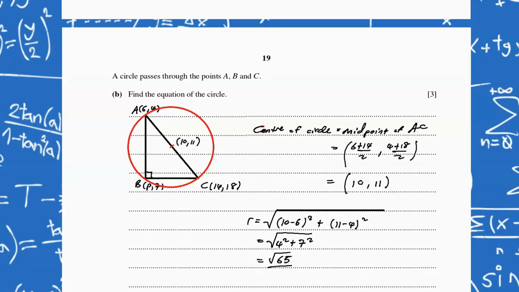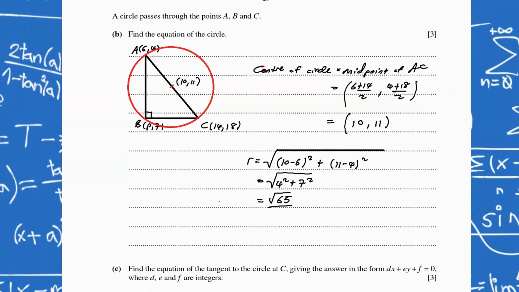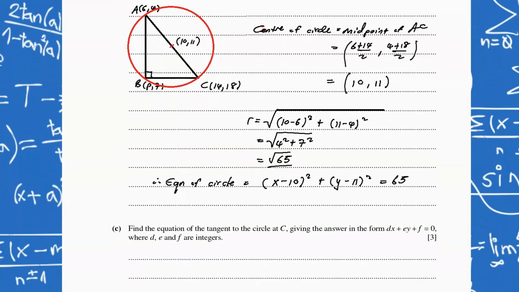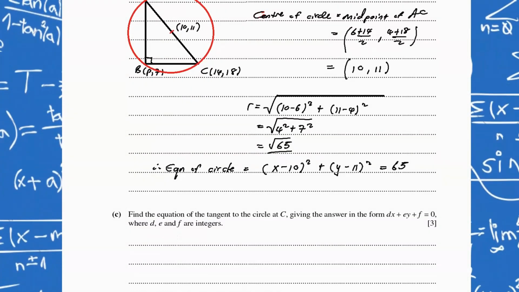So the equation of the circle will be x minus 10 squared plus y minus 11 squared is equal to root 65 squared, which is 65, and that's how we do it for that particular question.